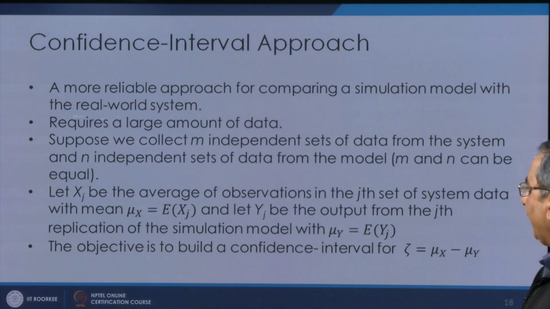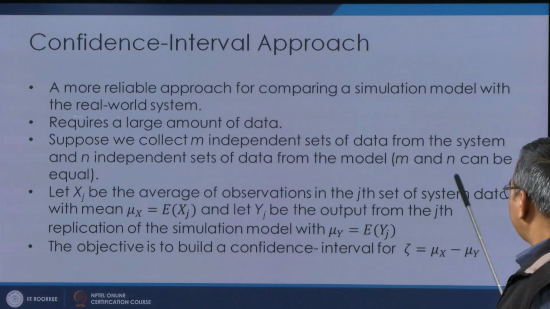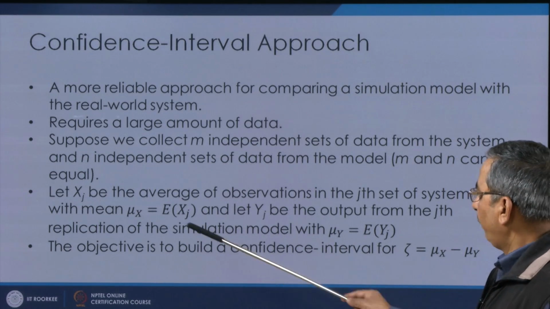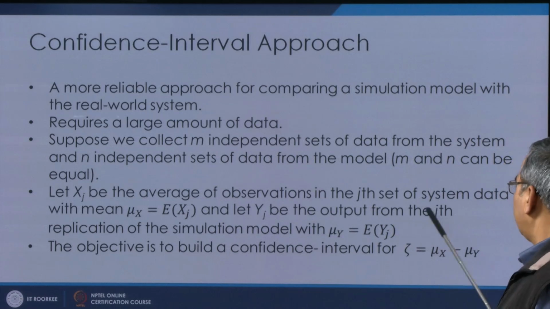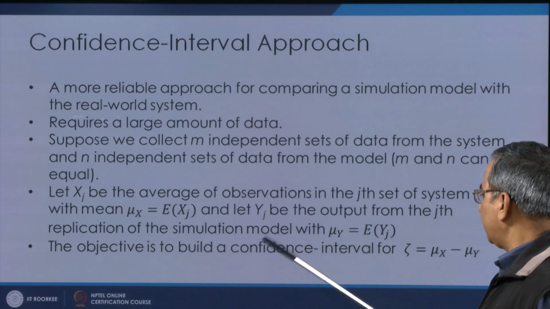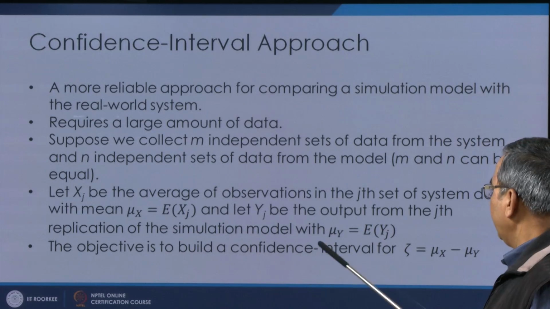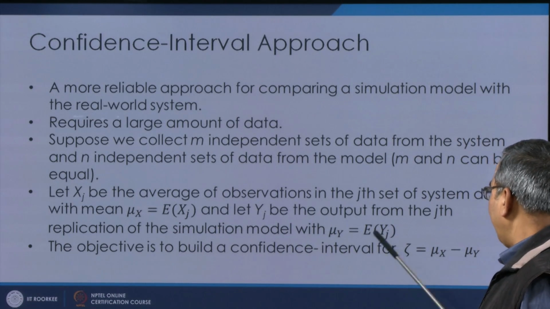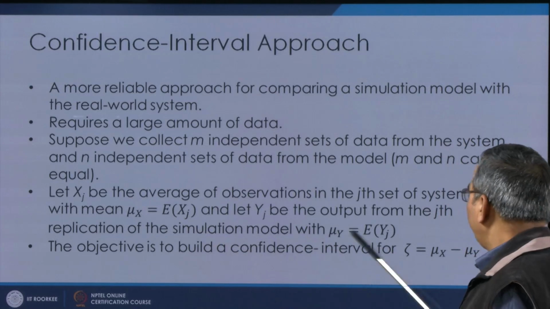Now, let Xj be the average of observations in the jth set of the system data with certain mean, say mu x, and let Yj be the output from the jth replication of the simulation model, say with mean mu y. So, the objective is to build a confidence interval for the difference between mu x and mu y.